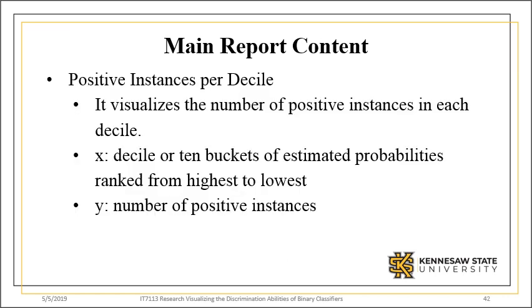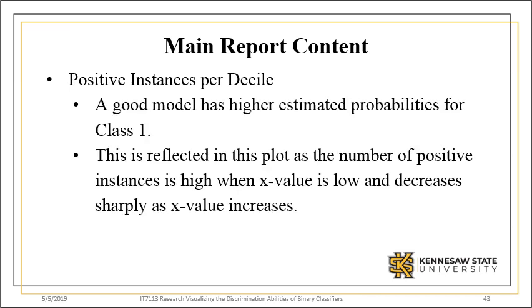The plot of positive instances per decile visualizes the number of positive instances in each decile. X values are the deciles, or 10 buckets of estimated probabilities ranked from highest to lowest. Y values are the number of positive instances. A good model has higher estimated probabilities for class 1.